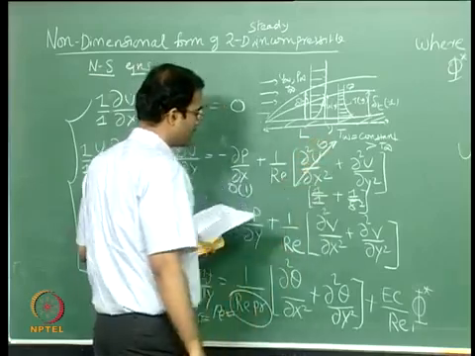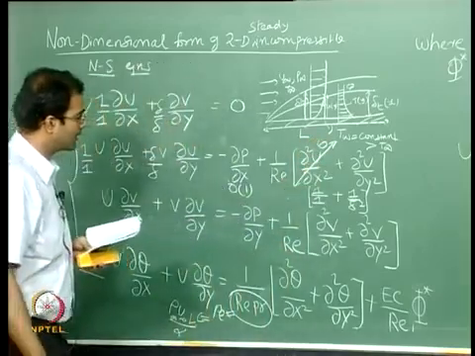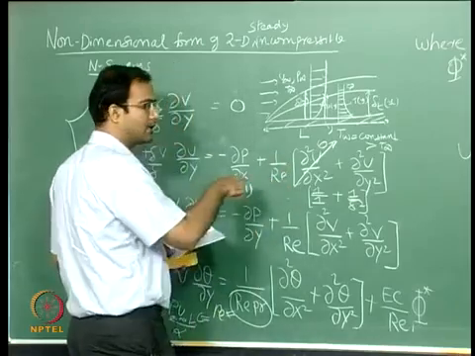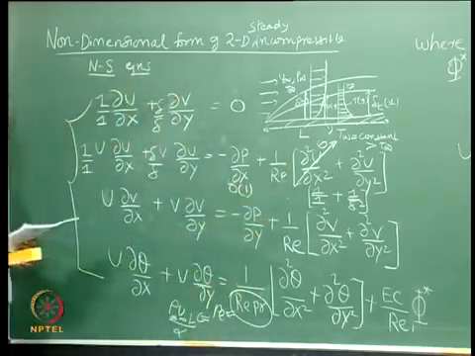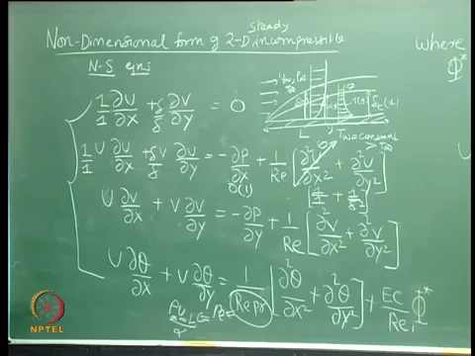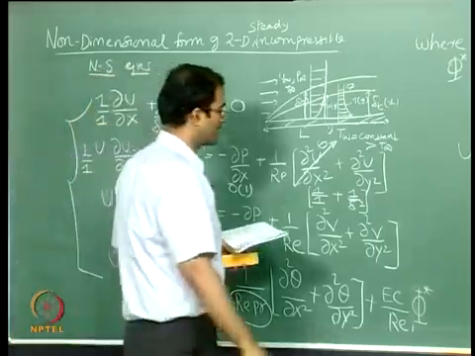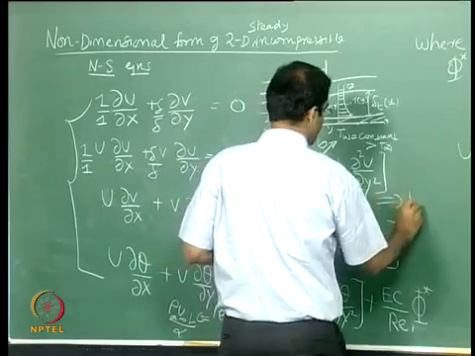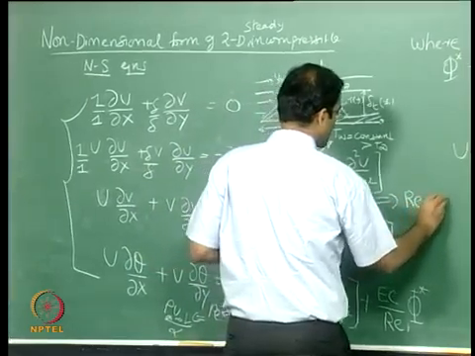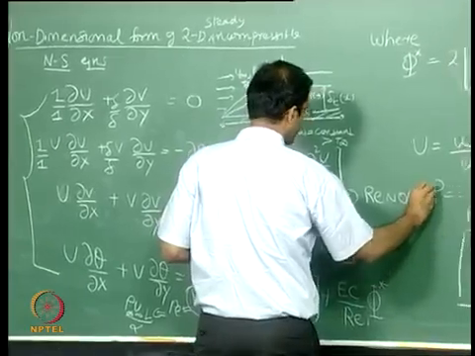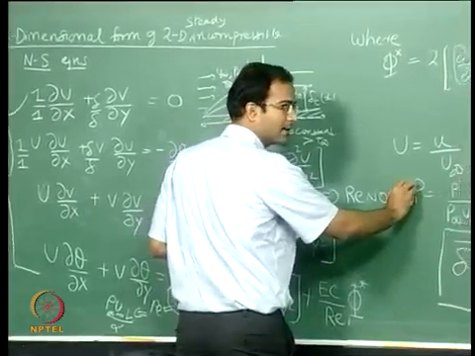So if you neglect that term, what should be the order of magnitude of Reynolds number such that all the terms have now the same order of magnitude? Delta square, 1 over delta square. So from here your Reynolds number should be of the order of magnitude 1 over delta square, or delta?